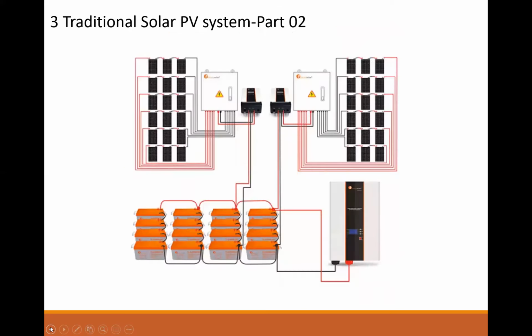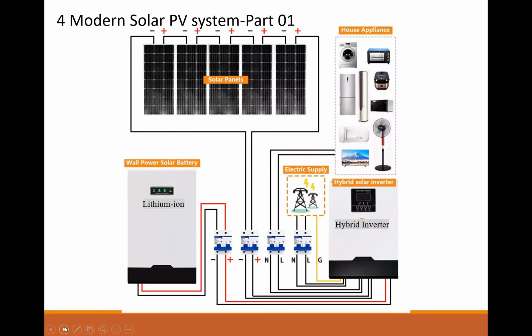So what we are actually saying is that we move our charge controller inside the inverter. So now it becomes easier to do your implementation. In such a way, you are able to supply your household appliances.